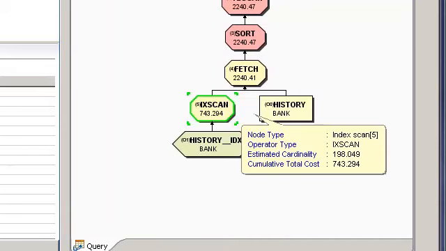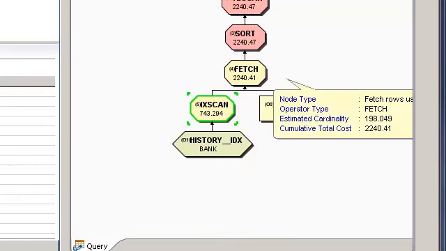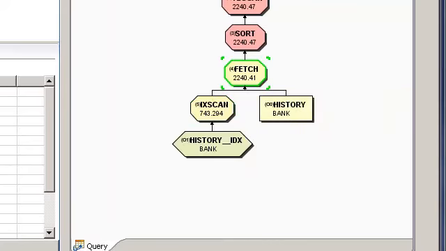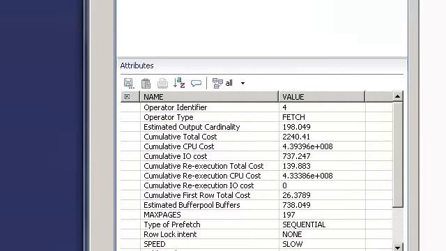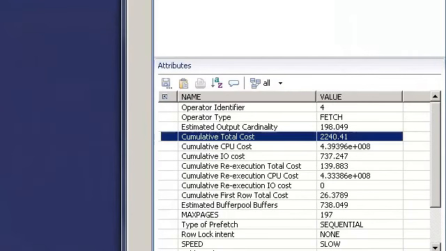Now, once it has the result from the index scan, the 200 entries, it's going to fetch those rows from the table. So the next operation is the fetch. When we look at the fetch statistics, it shows now a cumulative total cost, which includes the index scan, is now up to $22.40.